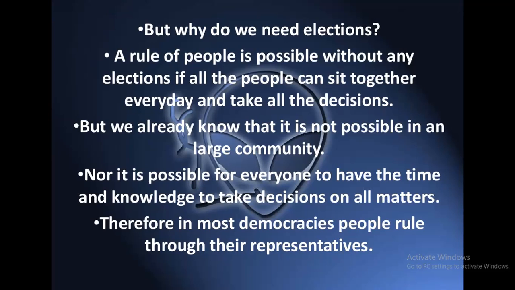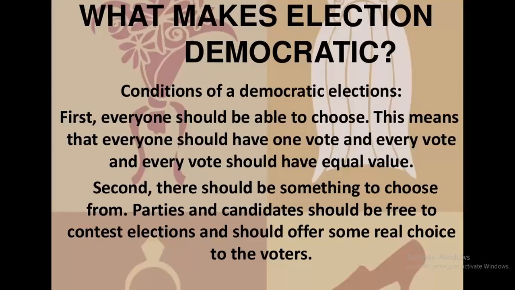That's why we have the process of election, wherein a representative is selected who will work for the benefit of the people of that country. Therefore, in most democracies, people rule through their representatives.